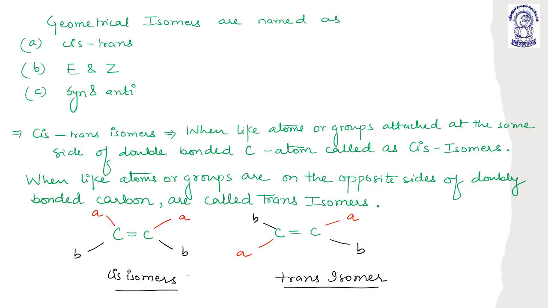Suppose this is the plane of rotation. On rotating, when this B comes here, A goes down, so it will become trans like this. Cis and trans.